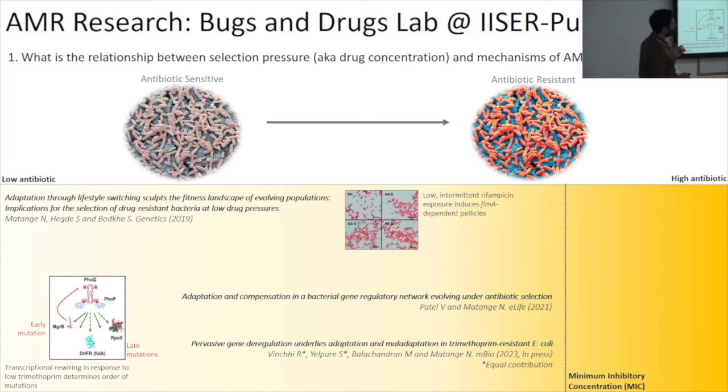The first is mutations which change the lifestyle of the bacterium from being primarily planktonic to being pellicle and biofilm-like. These get selected at low antibiotic concentrations, and this confers a generalist benefit to the bacterium. So the bacterium experiences rifampicin, but because of this lifestyle change, it now starts becoming low-level resistant to a bunch of other different antibiotics, and this could potentially change further trajectories of evolution, is what we've claimed.